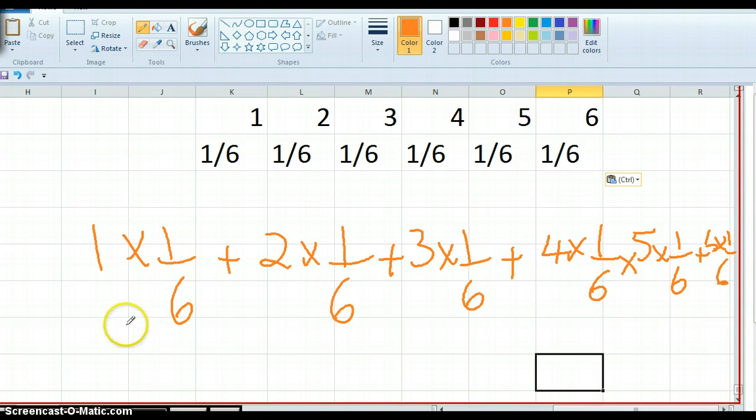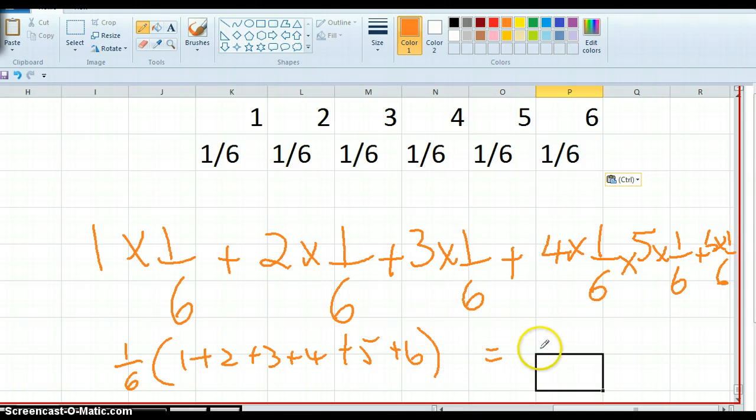What's that going to all add up to? 1/6 of 1 plus 2 plus 3 plus 4 plus 5 plus 6. What do they all add up to?